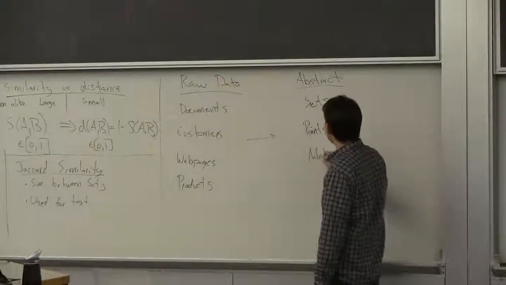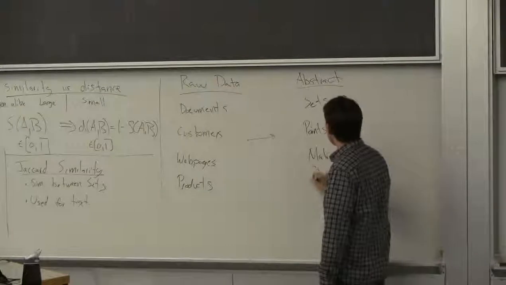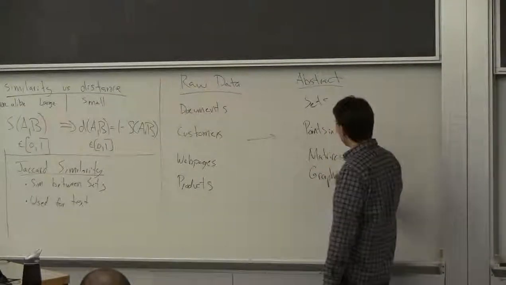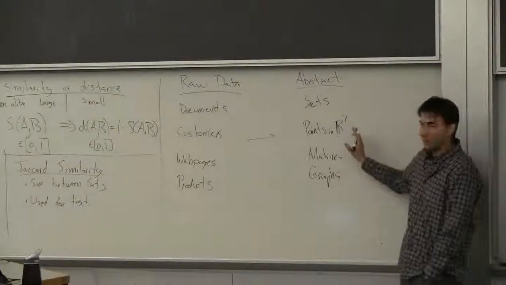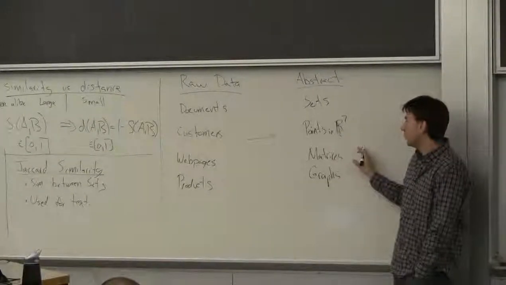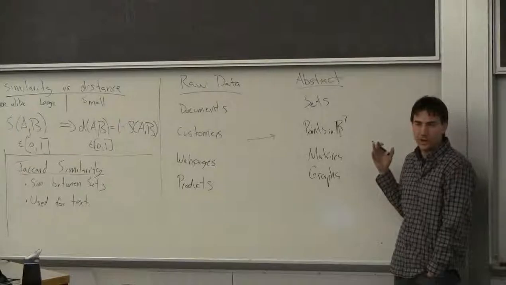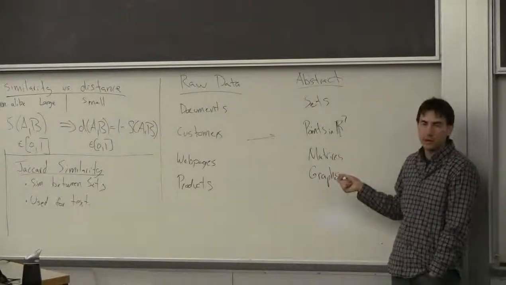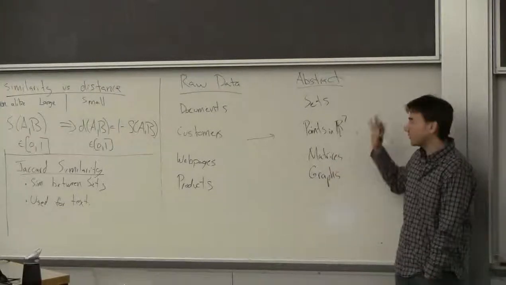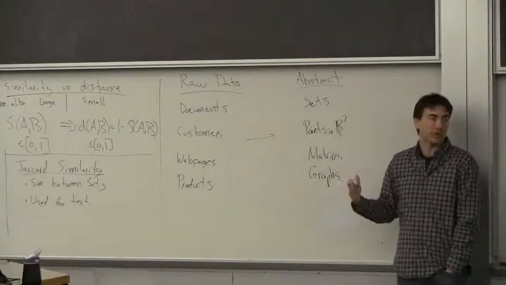We'll talk about some other things like matrices and graphs later in class. And given one of these abstract types that you've converted this into, then you can use some very standard notions of similarity, notions of distance, and apply some very well-developed algorithms that we understand very well.